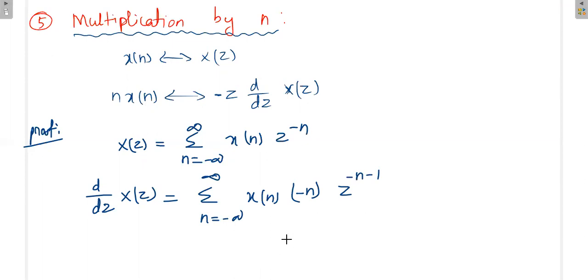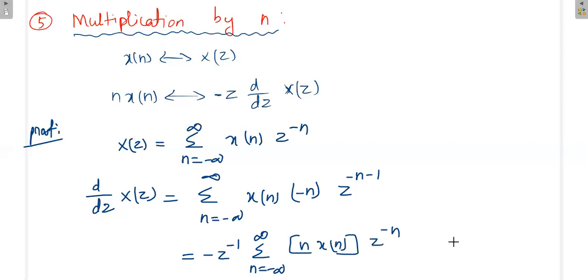Again, we'll get z power minus n and also z power minus 1. That z power minus 1 I can take outside, and also one more minus is there, that is minus z power minus 1 summation n minus infinity to plus infinity n into x of n multiplied with z power minus n.